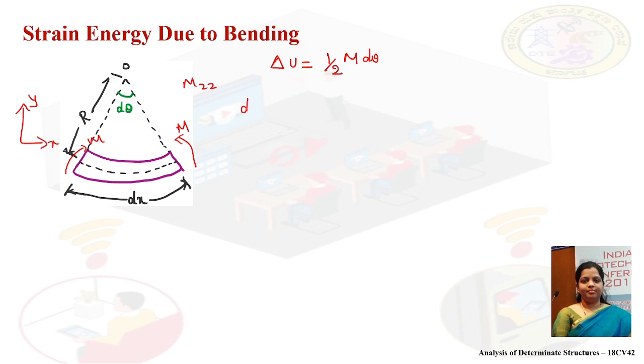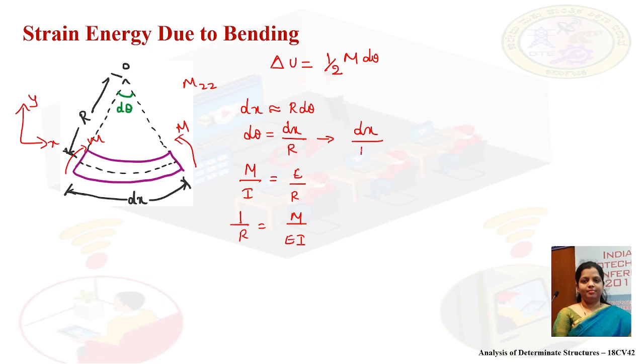We know that dx is approximately equal to r into d theta. Therefore, d theta is equal to dx by r. And also we know that M by I is equal to E by r. 1 by r will be equal to M by EI. Substituting the value of 1 by r in this d theta expression, we will get d theta as M by EI into dx.